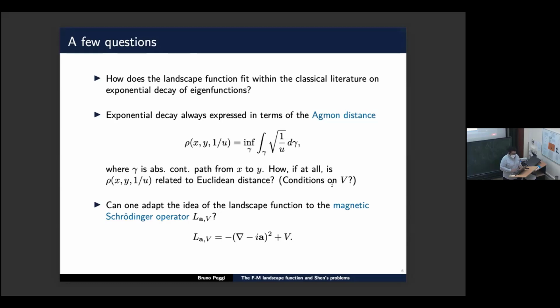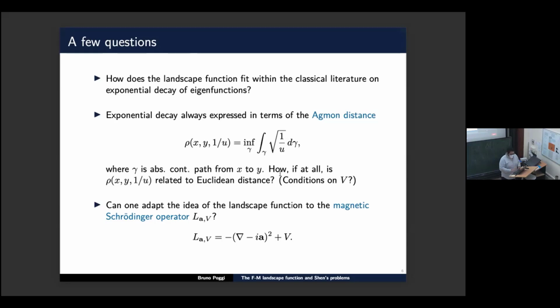So what conditions on V would guarantee that it is related to Euclidean distance? Of course, in the case of random Schrödinger operators, the decay that we see, for instance, in the numerical experiments, is really Euclidean distance. And in Anderson localization, in the mathematical study of this, it's also Euclidean distance, the decay.